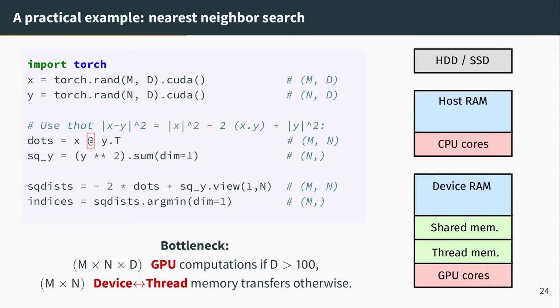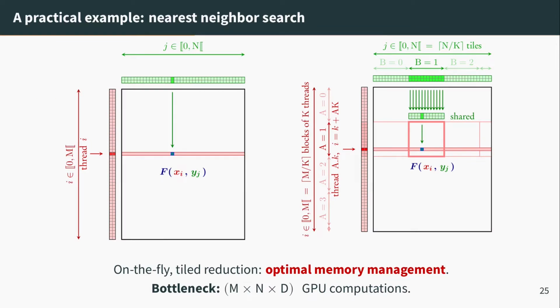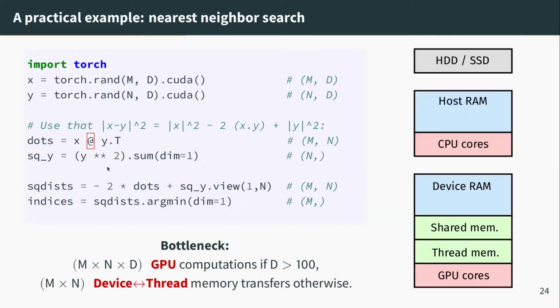And then if you go even beyond that, you can be even more clever by using on-the-fly summation, which is essentially what is being performed here, but going even further. Because if you just want to perform a nearest neighbor search, we do not really need to store the matrix of square distances.